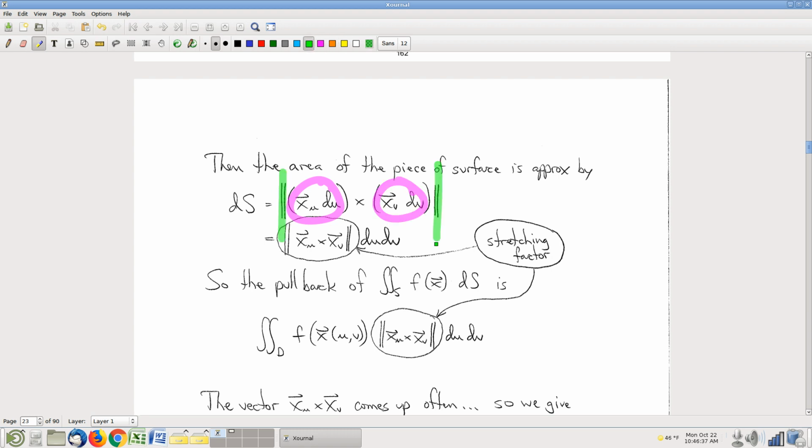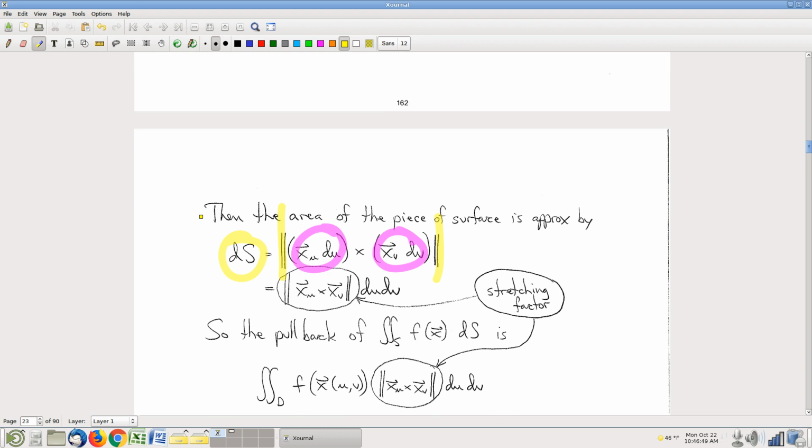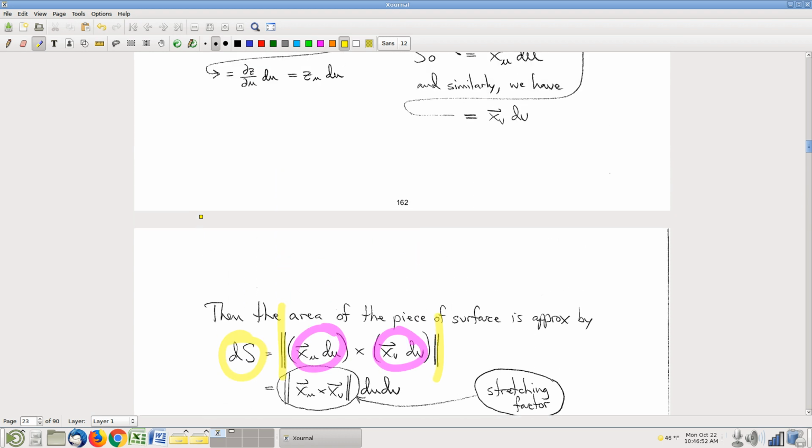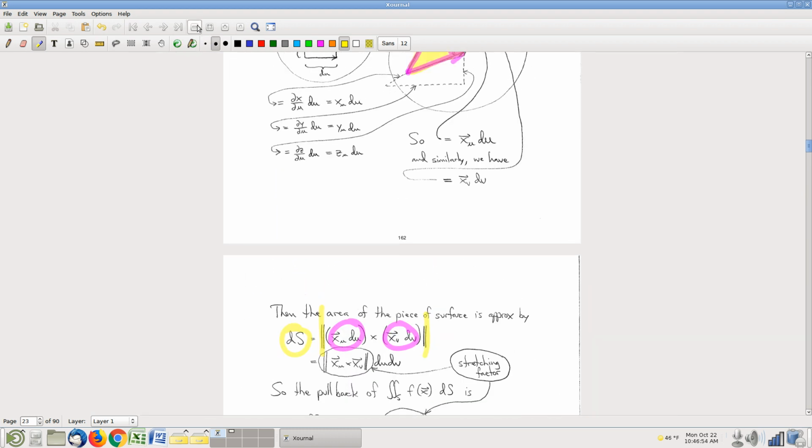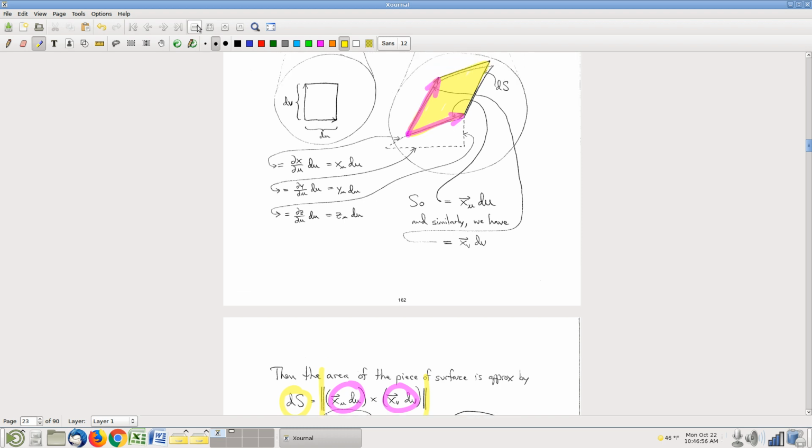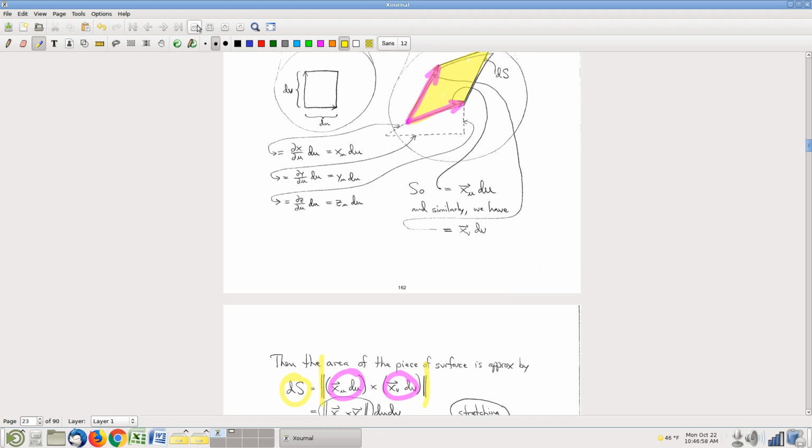The area is the magnitude of the cross product of those two vectors. Chapter 12. Everybody remember that? Way back when, right? We've got a parallelogram. We've got the two edge vectors. Take the cross product of the two edge vectors. Take the magnitude. That gives us the area.